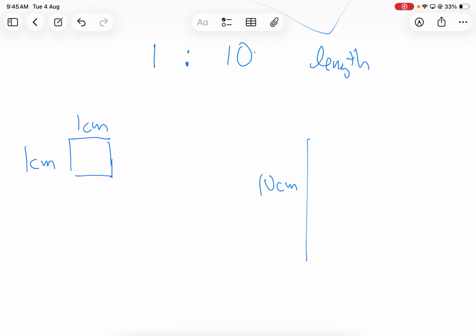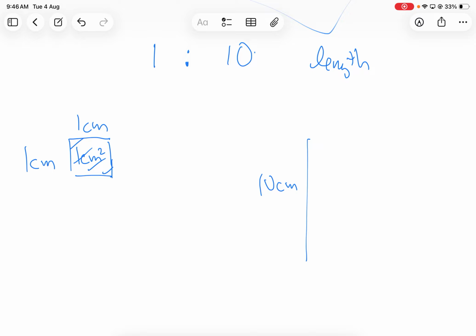One more. Let's say I don't use 1. 2 is to 3. Similar figure. I have a 2 cm by 2 cm. Every 2 cm multiplied by 3 over 2, so become 3. Similar square, similar figures.